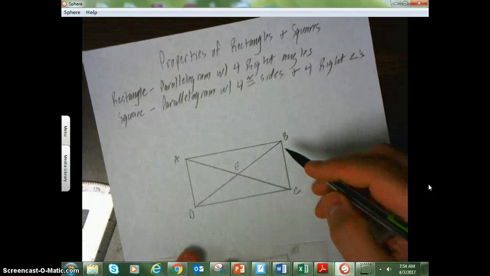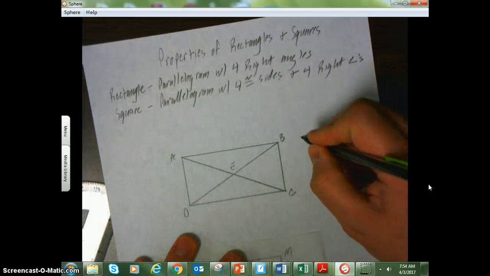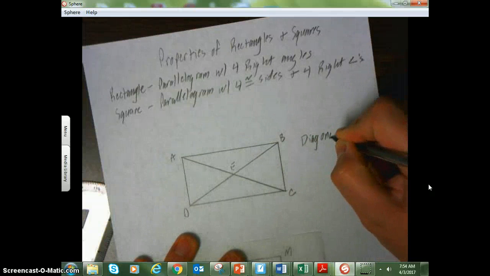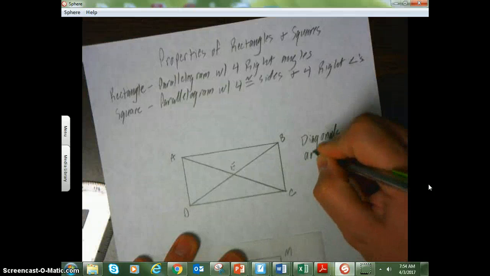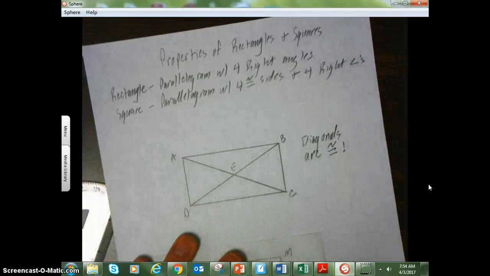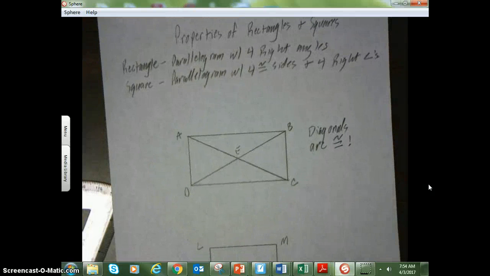So that is in addition to the fact that it has four right angles. In this case, the diagonals are going to be congruent to each other. And that's one of the unique characteristics about a rectangle.